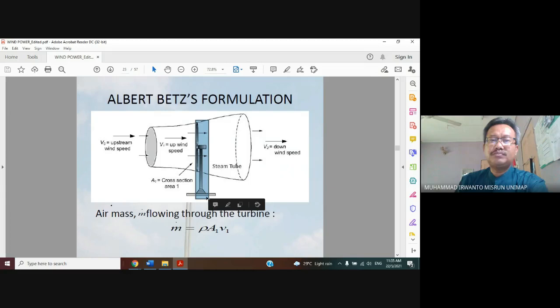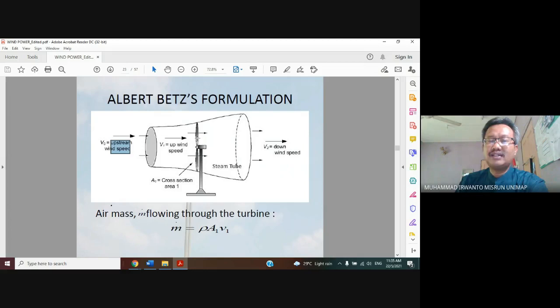The first, the wind speed in front of the wind turbine, we can call the upstream wind speed, V0. And then this V0 flows through the area A and arrives at the wind turbine. This one we can call the upwind speed, V1.